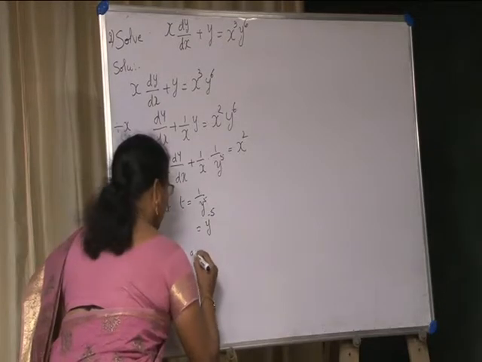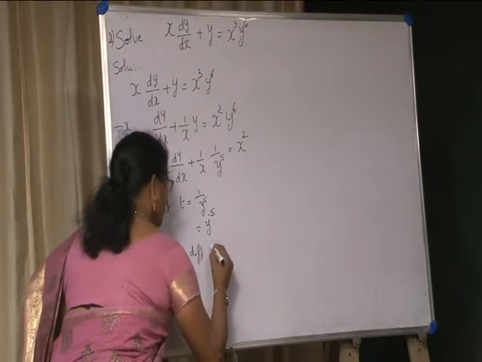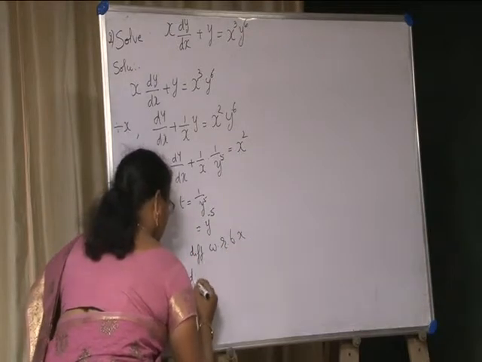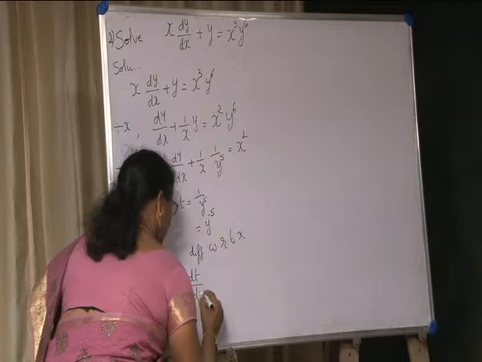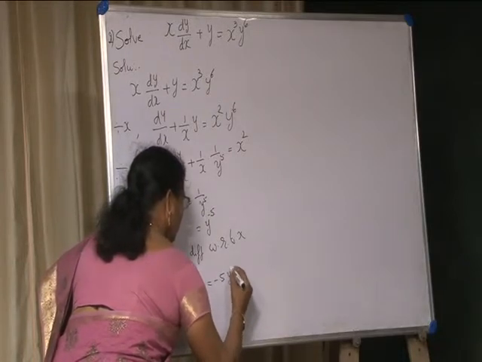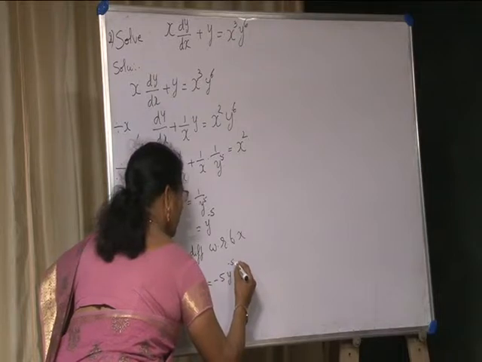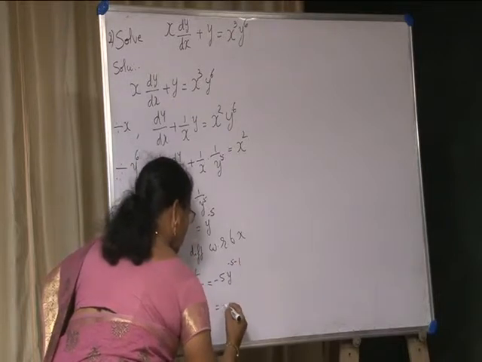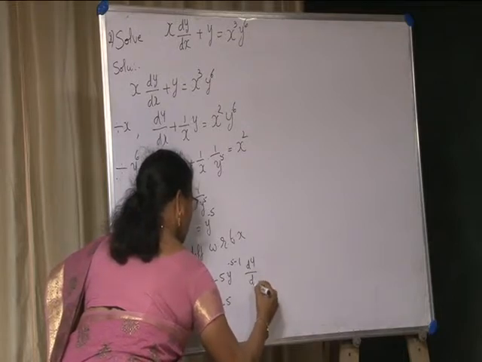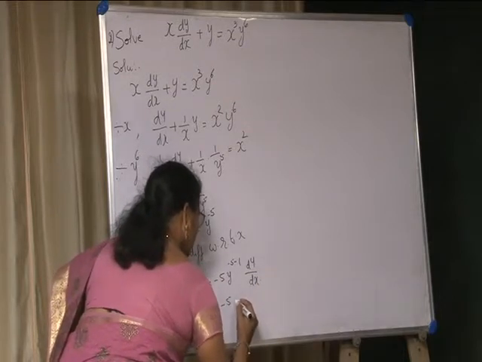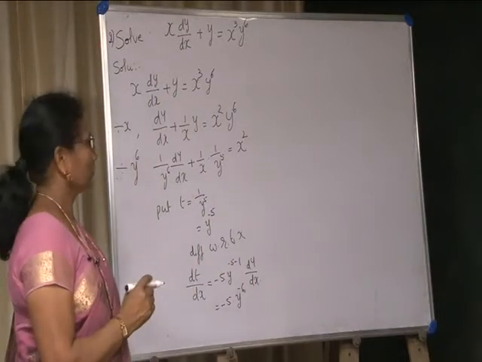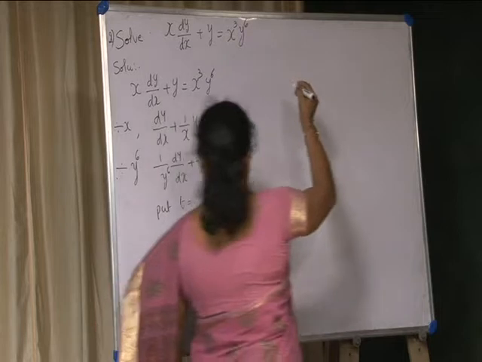Differentiate with respect to x. dt by dx is equal to minus 5 y to the power of minus 5 minus 1. This is minus 5 y to the power of minus 6.